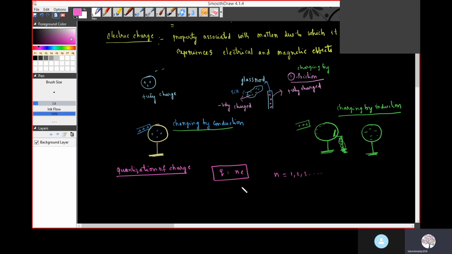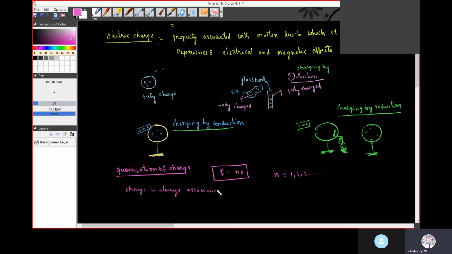That is, charge is quantized. If it has more electrons, then we say it is negatively charged. When it has fewer electrons, then we say it is positively charged. Another point to note is that charge is always associated with mass.